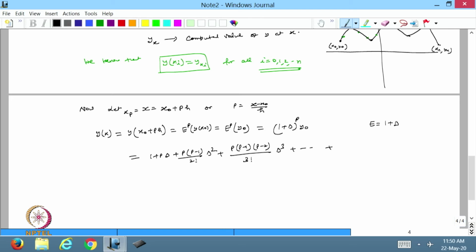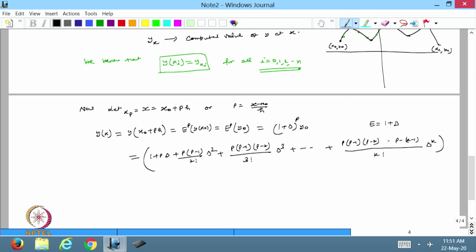So, it will go up to p(p minus 1)(p minus 2) up to (p minus k plus 1) divided by k factorial del k.